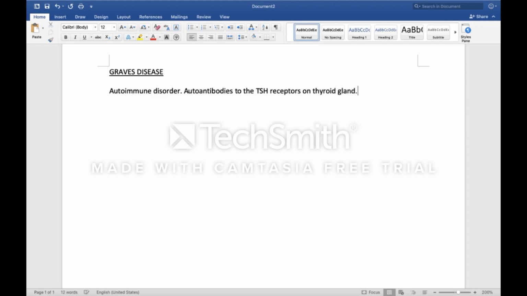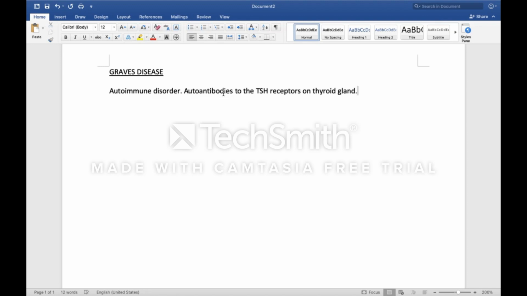So the body starts producing autoantibodies which go and bind to the receptors on the thyroid gland, which are thyroid stimulating hormone receptors.